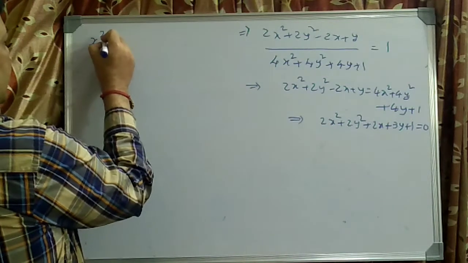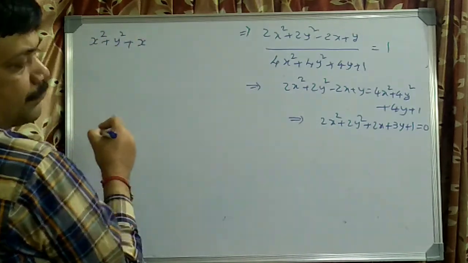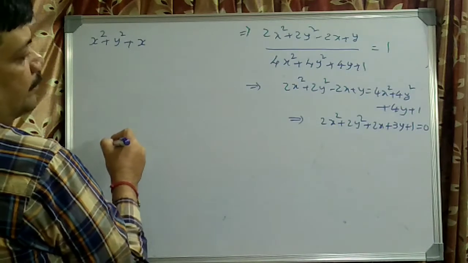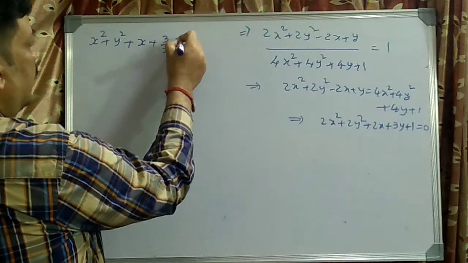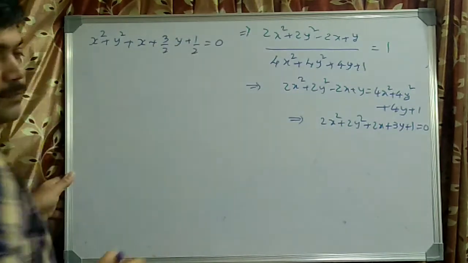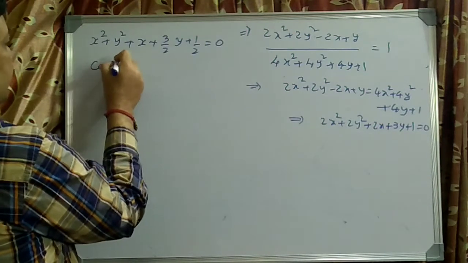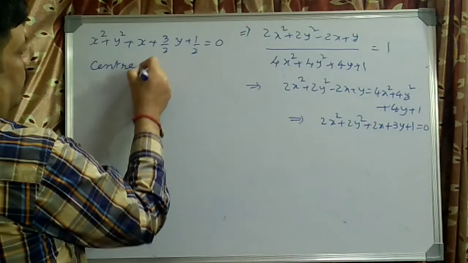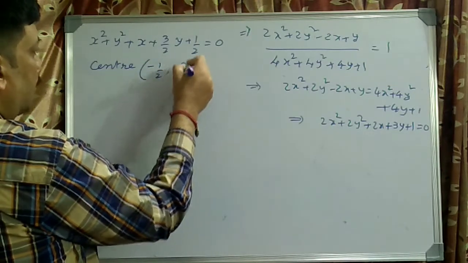If I divide this by 2, I get the equation as x square plus y square plus x plus 3 by 2 y plus 1 by 2 is equal to 0. Now here the center is equal to minus 1 by 2 comma minus 3 by 4.